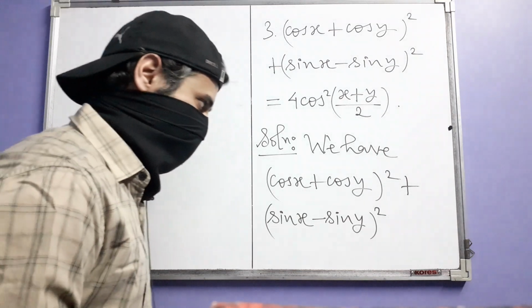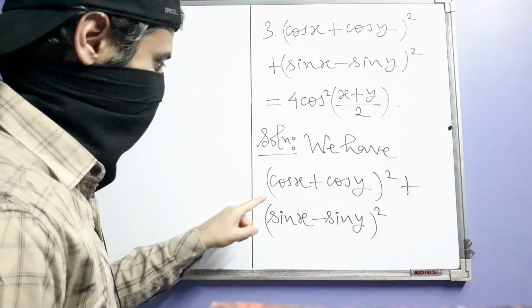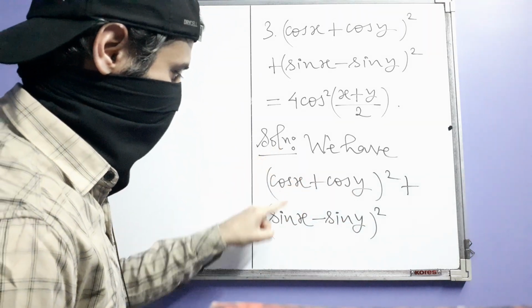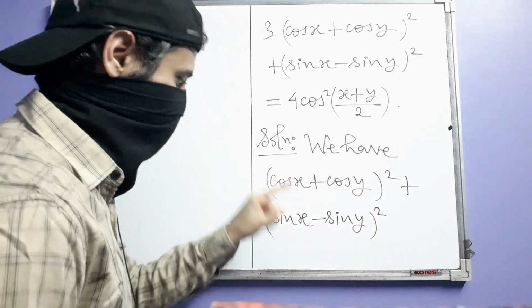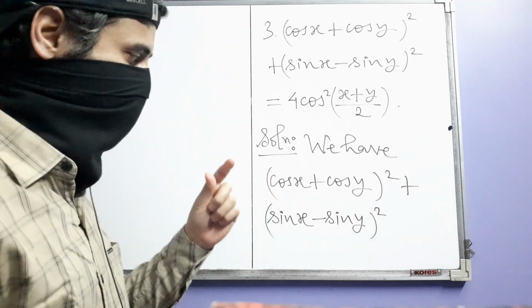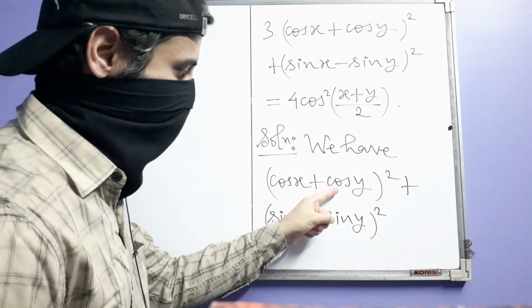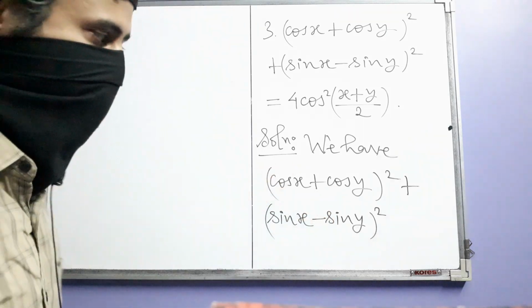Rearrange the terms means, you see, if you expand the first square, you are going to get cos square x, and expanding the second square, you are also going to get sin square x. So we take them together and they will give us 1. Another one you are going to get from cos square y and sin square y.